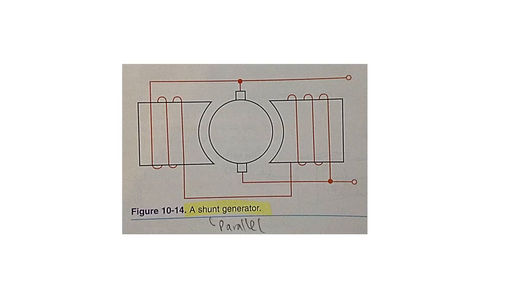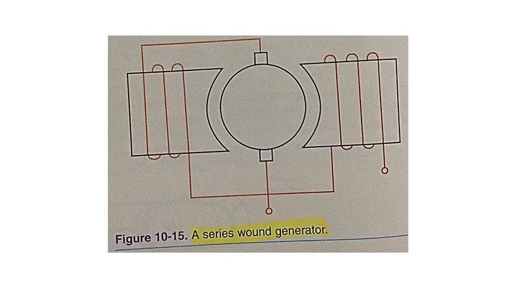Series generator. The series generator is so named because its field windings are wired in series with the armature and the load. Such a generator is sketched in Figure 10-15.